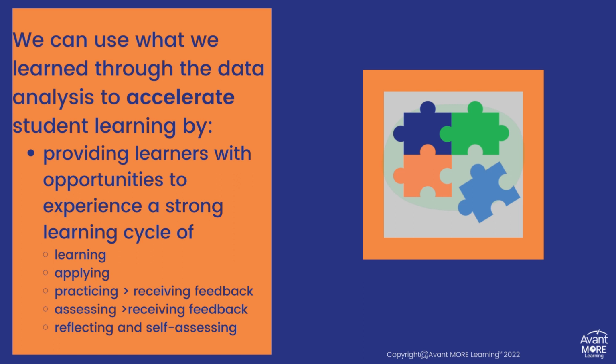They may get feedback again before they move on to a more final or summative assessment. But we want them to have a learning cycle that is meaningful to them and where they feel like they're actually making progress in their skills. And when we are able to target these experiences, it increases the chance that we're actually going to get some traction and these students are going to experience that growth.